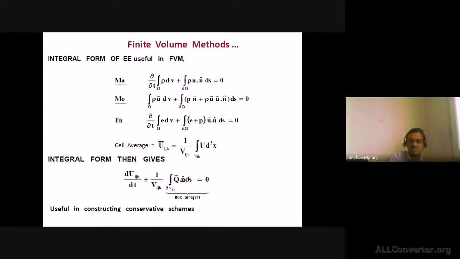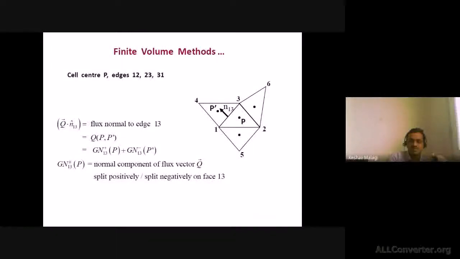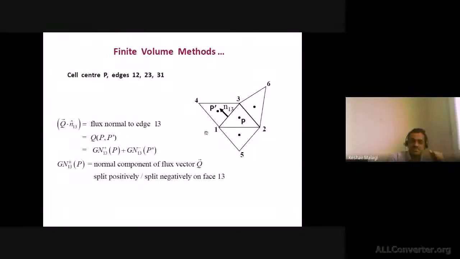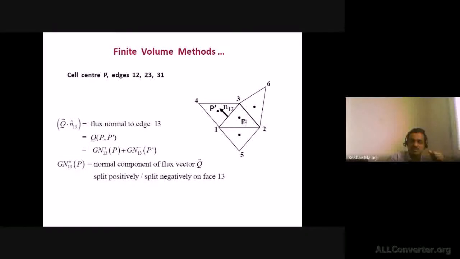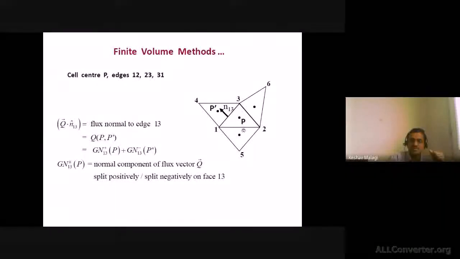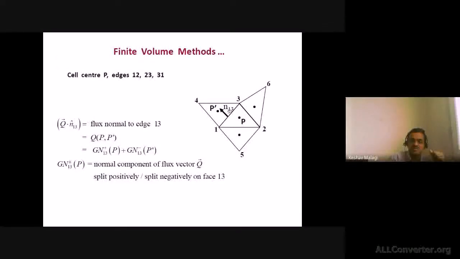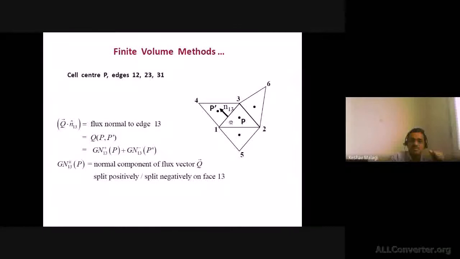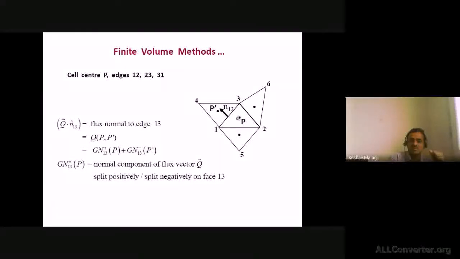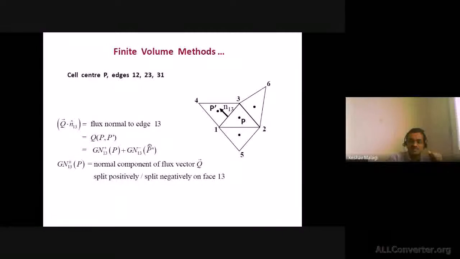I'll skip these details because you will have been taught it. Just this: if you want to solve in this element P, you will have to sum up the flux at all these three sides of it. If you want the flux at this face, it will be a combination of the flux interpolated from here and the flux interpolated from there. That is what gives the plus flux and minus flux, the upwinding properties.